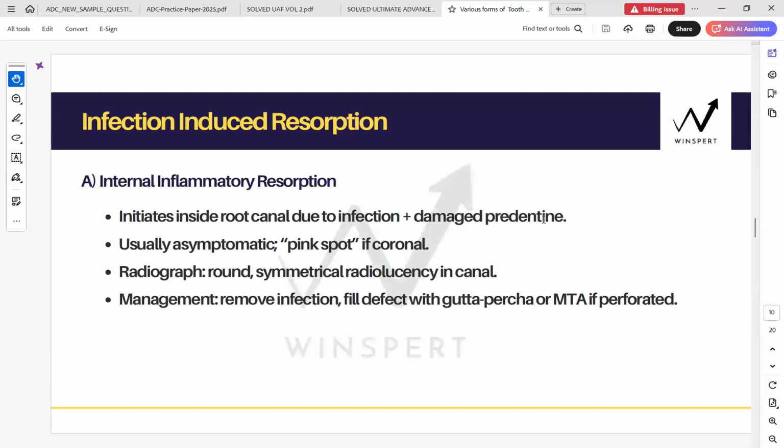Make sense? Now, what are some of the adjunctive measures? Although beyond the scope of ADC exam because it's a specialist thing, but there are agents like canal brush, ultrasonic irrigant agitation, or using hydrogen peroxide, alternating it with sodium hypochlorite irrigant to produce an effervescence which mechanically disturbs the biofilm on the walls of these defects.